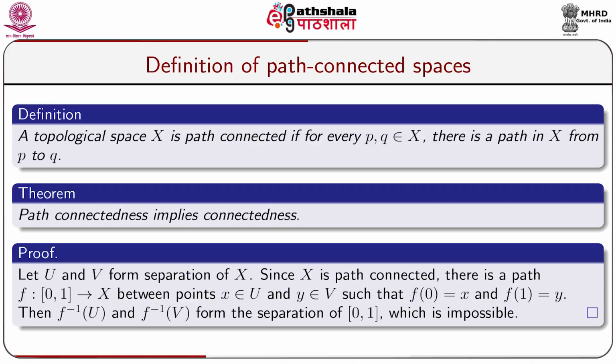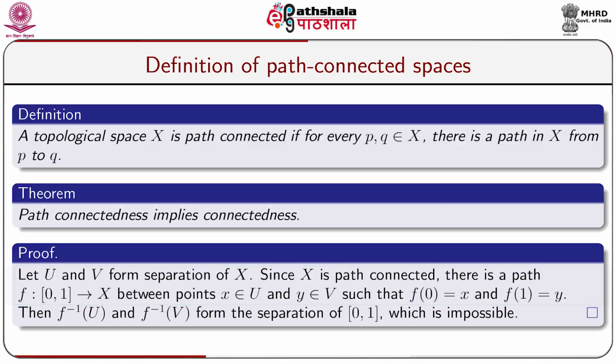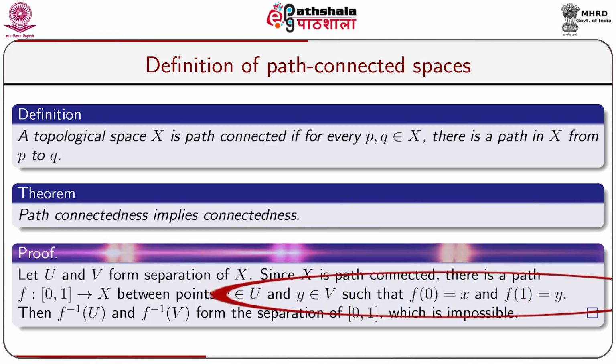Then there exist two disjoint non-empty open sets U and V such that X = U ∪ V. Choose two points x and y such that x belongs to U and y belongs to V. As X is path connected, there exists a path from x to y, that is, a continuous function f from [0,1] to X such that f(0) = x and f(1) = y.